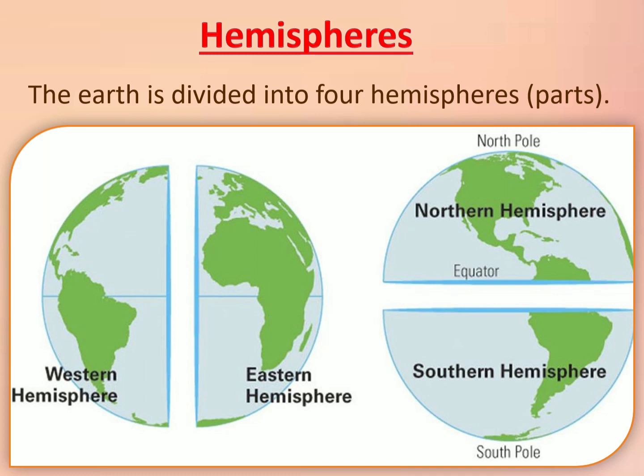Now, what about east and west? Even the earth is divided into eastern hemisphere and western hemisphere. What about that? Okay, the line which divides the earth into eastern hemisphere and western hemisphere, that we will learn in our next session.